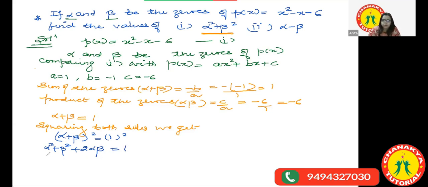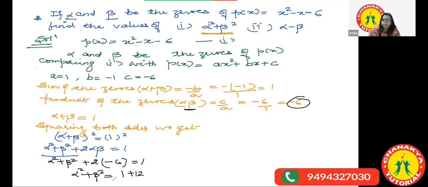Now we have to find the value of alpha square plus beta square. What is the value of alpha beta here, from the product of the zeros? It is minus 6. So alpha square plus beta square plus 2 into minus 6 is equal to 1. So the value of alpha square plus beta square is equal to 1 plus 12, which is 13.